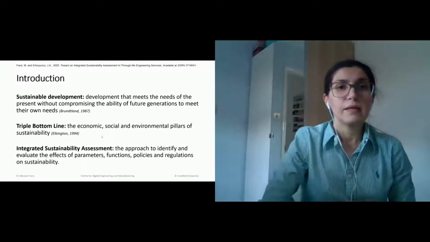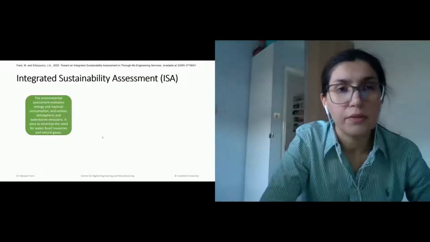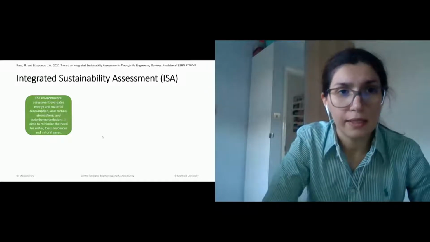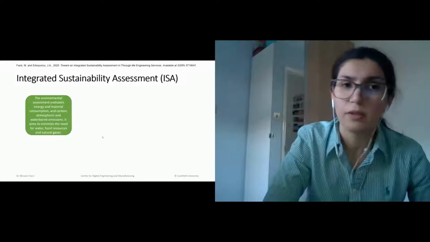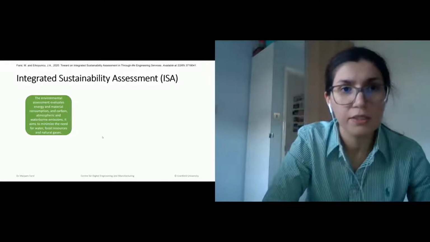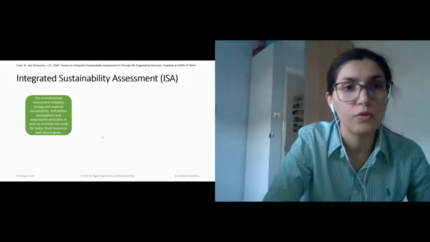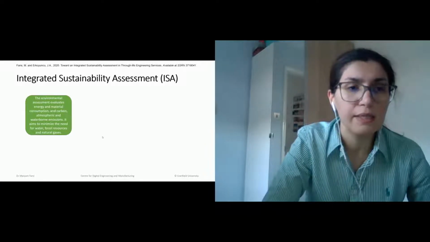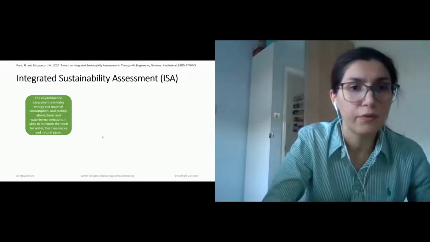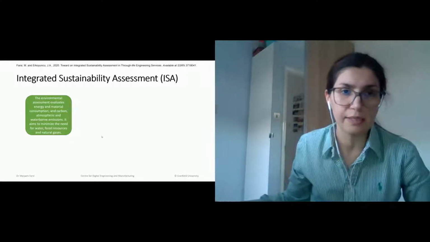So in terms of the three pillars, if you're looking at the environmental assessment, we are going to focus on evaluating the energy, the material consumptions, and also the different emissions, and also trying to minimize the needs for water, fossil resources and natural gases.